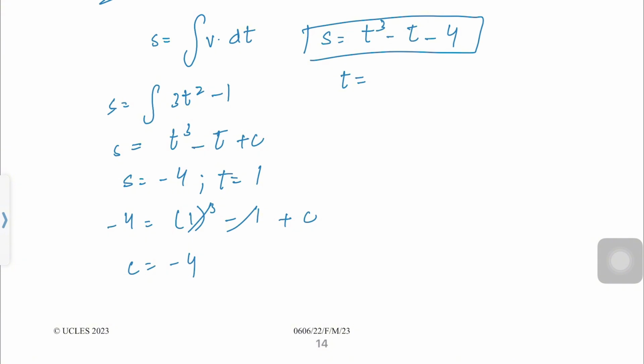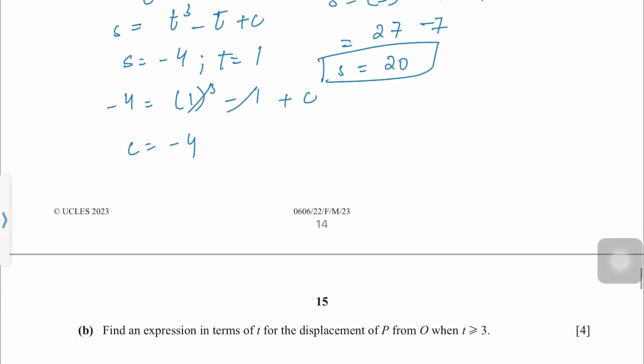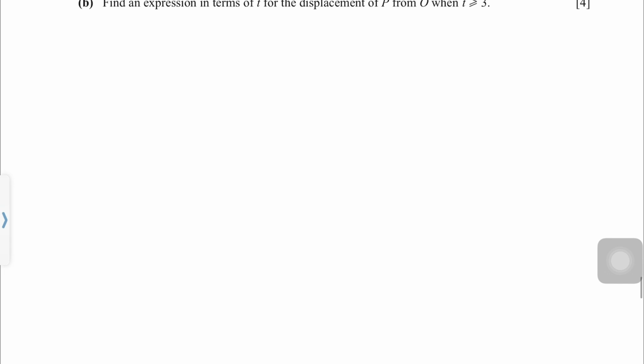Now applying t as equals to 3 in the equation. S is equals to 3 cubed minus 3 minus 4 would be 27 minus 7. This would be 20. So our displacement would be S is equals to 20 at t is equals to 3. Now moving on to part B.